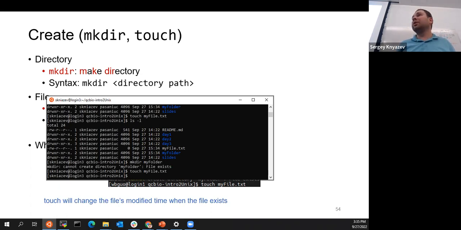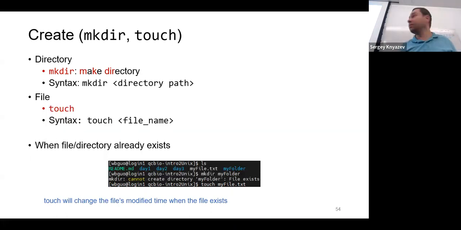However, I can recreate a file. So be careful if you touch files that exist. I don't think it is going to affect the content of the file. We will test it later, but at least it will change its time of creation. Okay.